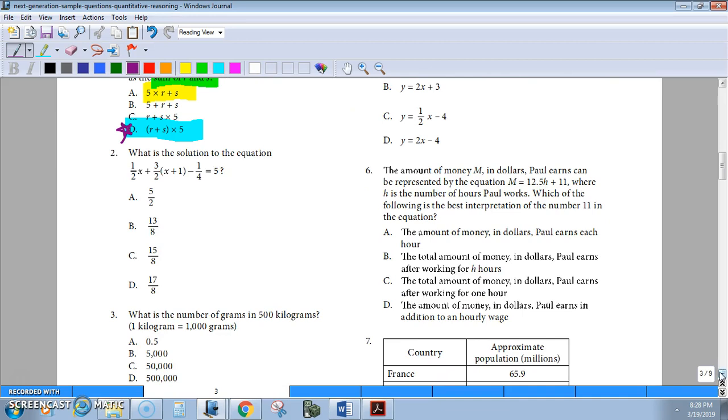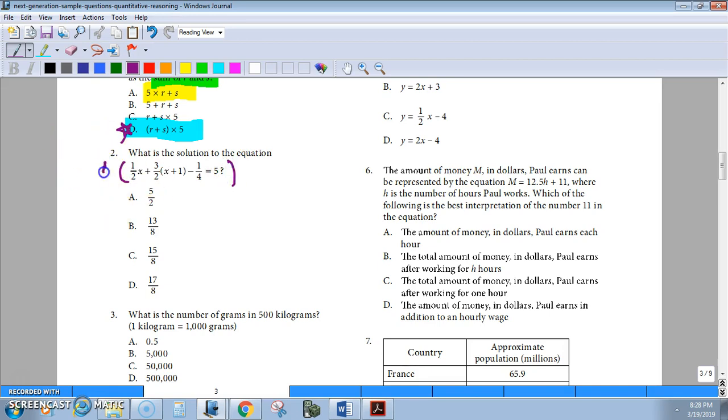Question 2, what is the solution to the equation 1/2 x plus 3/2 times x? So you guys can always utilize putting the answers back into the equations, or what I would do for this one to make it go faster is multiply the entire equation by 4.